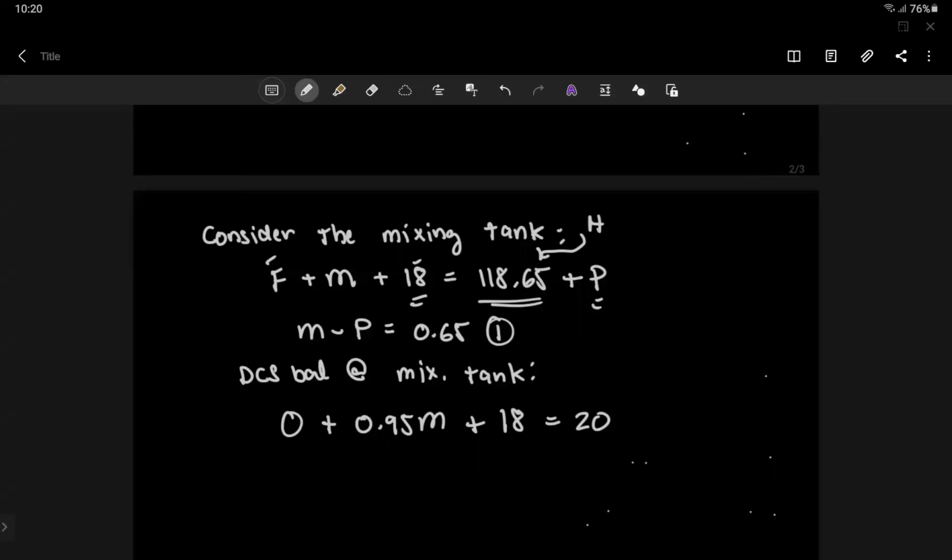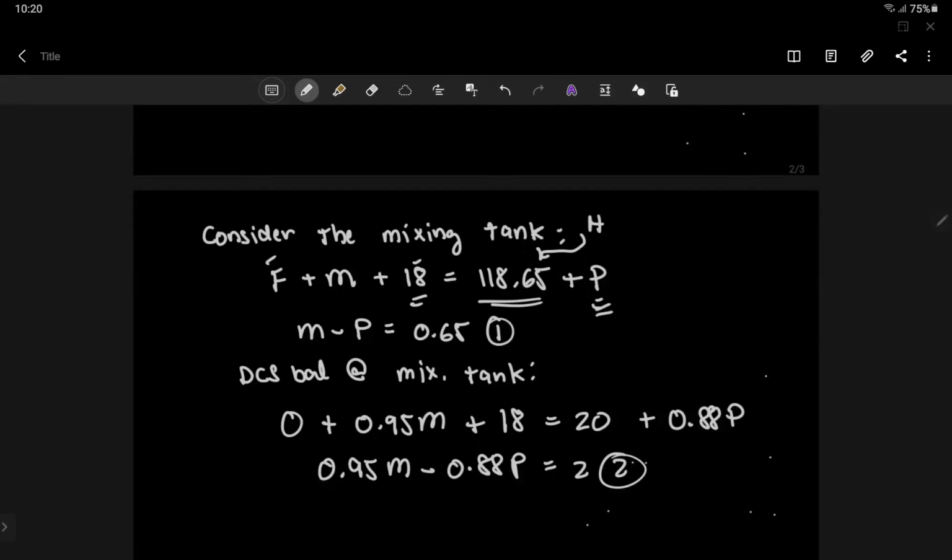And lastly, sa P naman, ang DCS dyan ay 88%. Not 0.88%, but 88%. So simplifying the equation, we'll get 0.95 M minus 0.88 P equals 2.